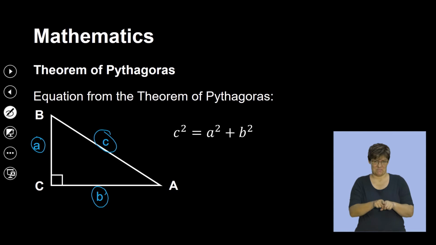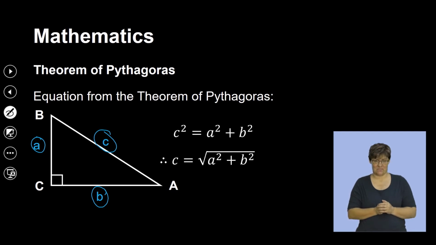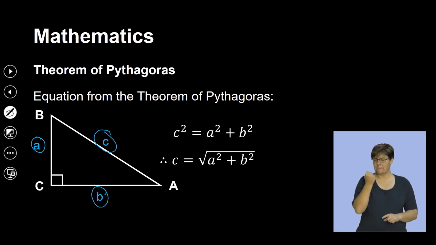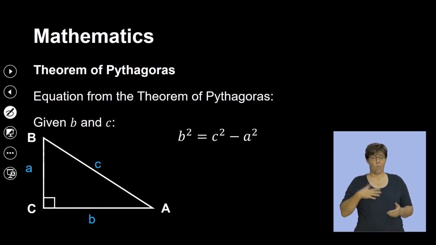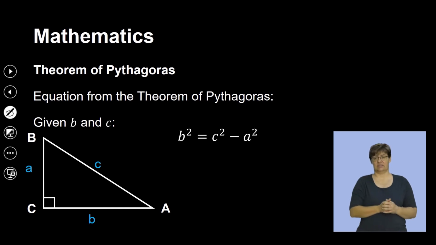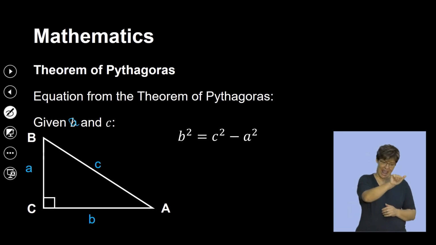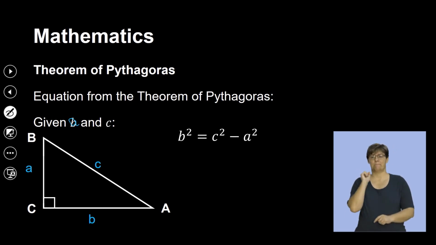Now, if we are trying to find c, we will need to find the square root of what is on the right-hand side. If I'm given a and c and I'm trying to find b, I will then use the theorem of Pythagoras, but now this is where the minus factors in.